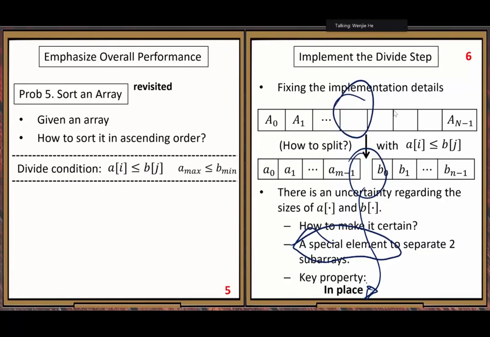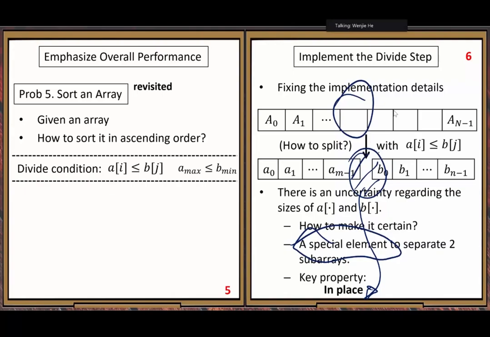It's very easy, because at the left-hand side of this special element, all the data values must be less than or equal to the data at the right-hand side of this element.